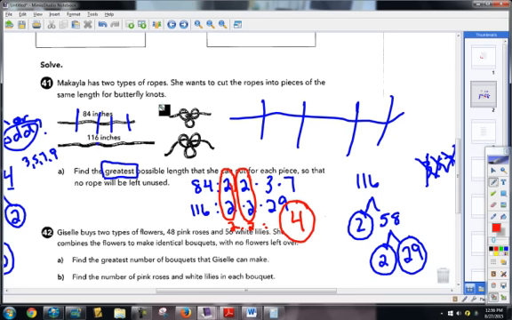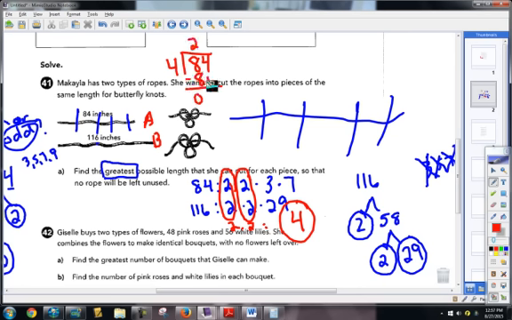Now, if I called this rope A and rope B, and I said, okay, we know that we're cutting them into 4-inch sections, but if I want to know how many total pieces, what I'm going to do is take 84 and divide it by 4, because I'm taking the total length and dividing it by the length of each piece. 4 goes into 8 2 times.